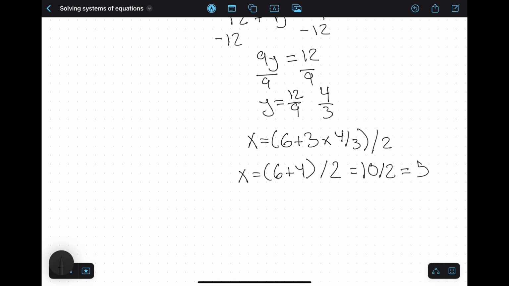And that will give us the same solution as we got in the elimination, which is x is 5. So right here we have 5 as our x and 4 over 3 is our y, just like we got in the other problem.